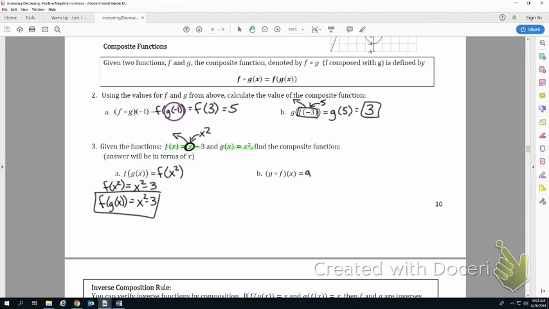Going over here to B, and I'm going to write it like that. So looking at the instructions on this problem, f of x is what?